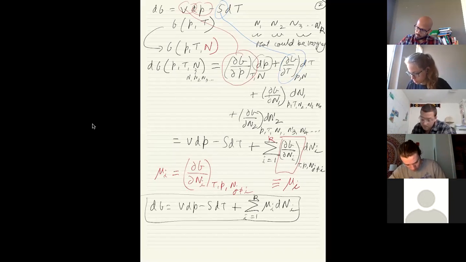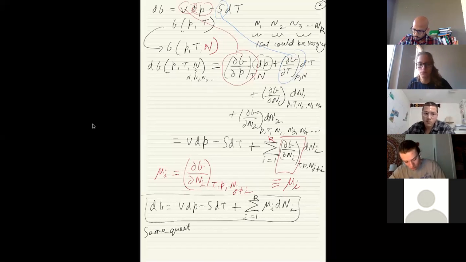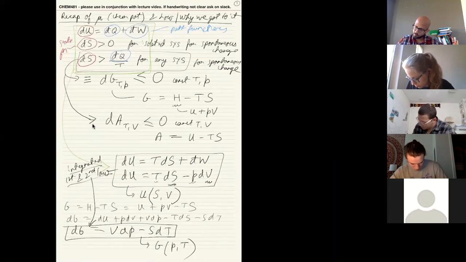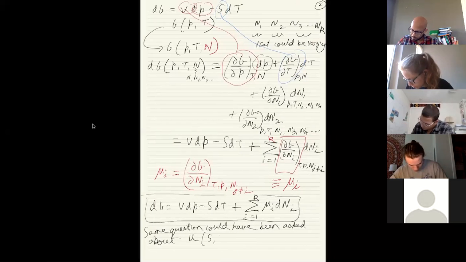Now you could have asked the same question about U. Earlier we wrote down U as a function of S and V, but that's true only for a constant composition system.